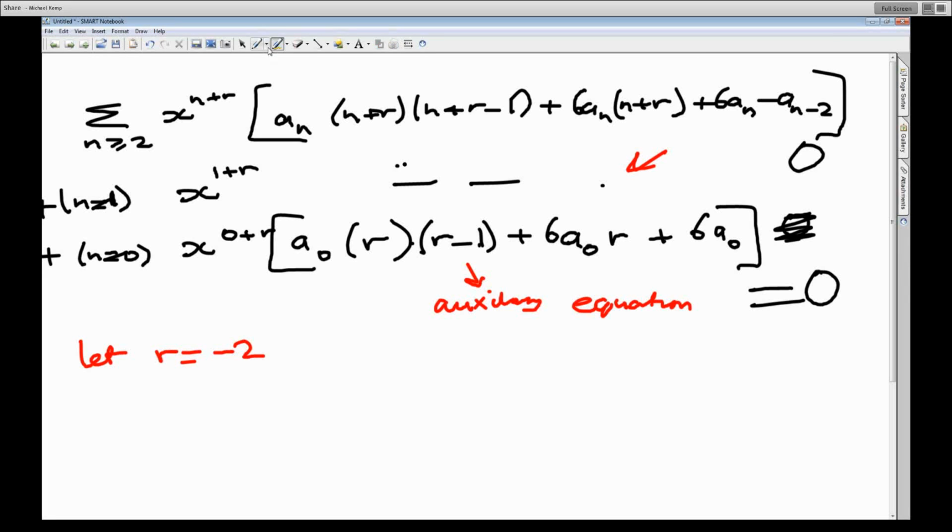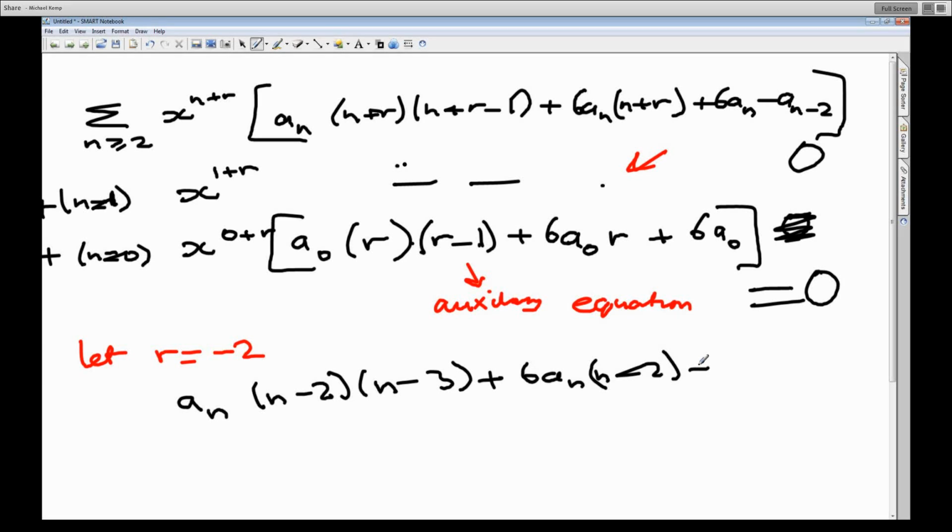So if you let R equals -2 in this top expression, this coefficient, we have A to the N, plus R, which in this case is -2, N plus R minus 1, so N minus 3, plus 6 A to the N plus R, plus 6 A to the N, minus A to the N minus 2, equals 0.